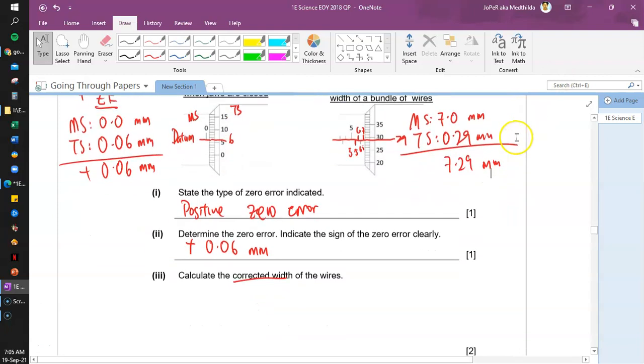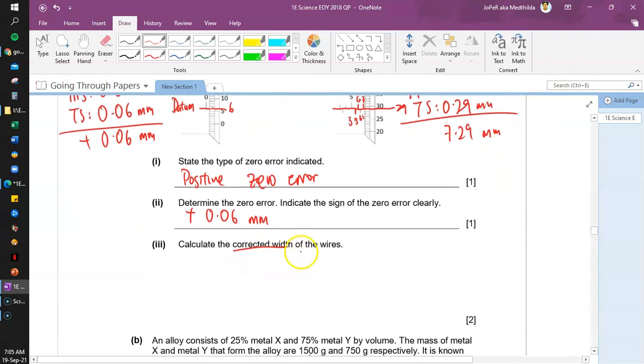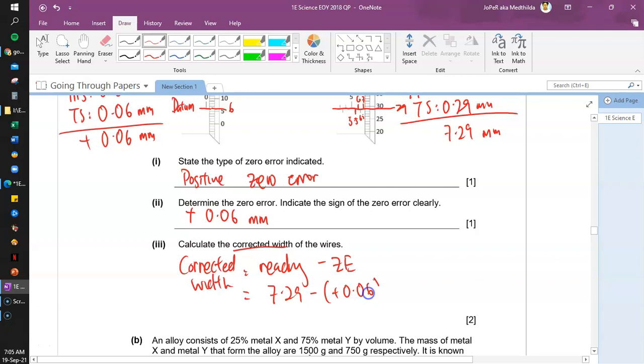Therefore the corrected width of the wire is: take the reading and minus the zero error. The reading is 7.29, the zero error is positive 0.06, hence you're going to get 7.23 mm. So this is the corrected reading.